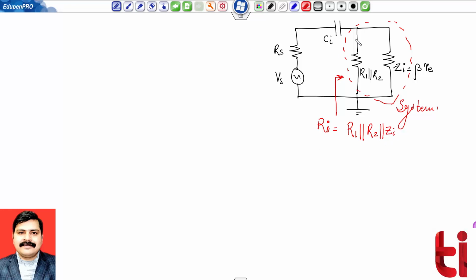It has an effective voltage Vi over here, and let me write the name of the circuit.